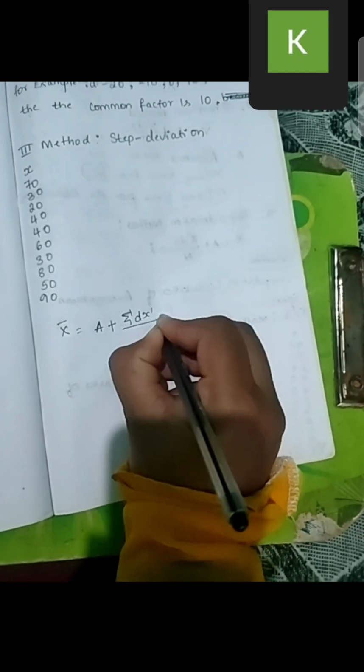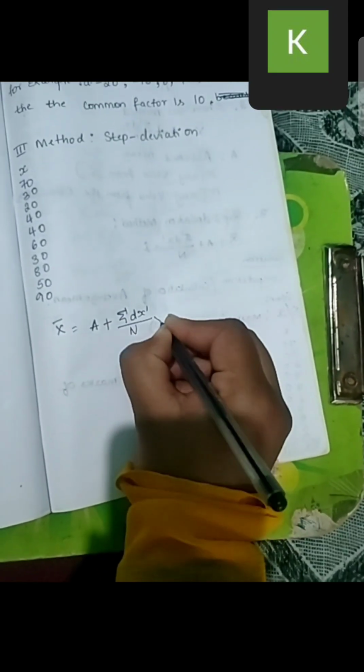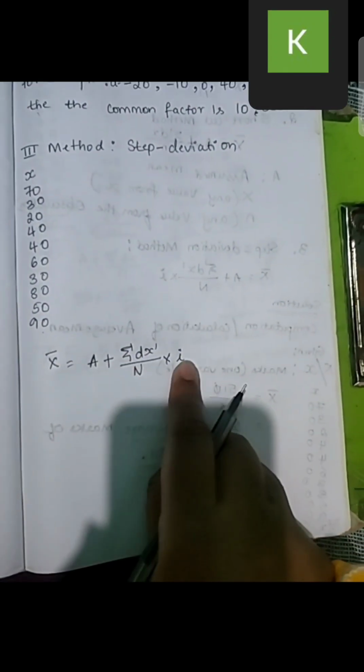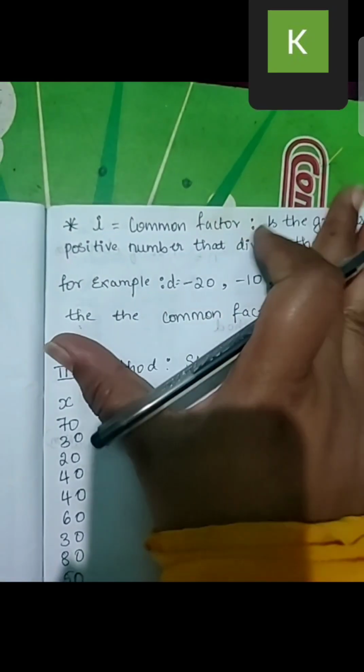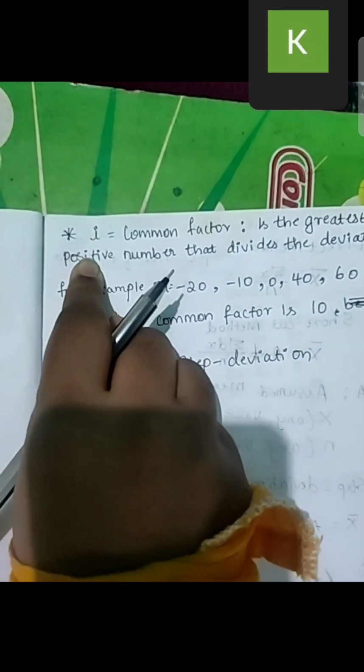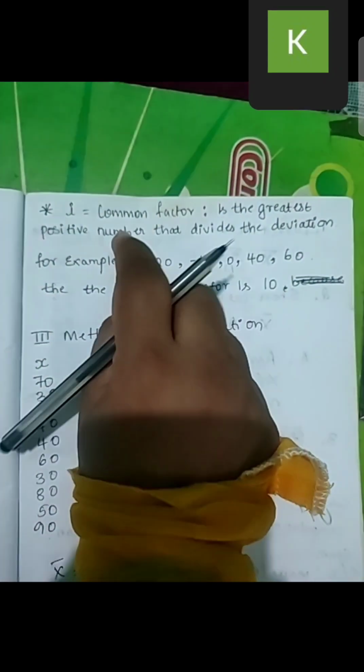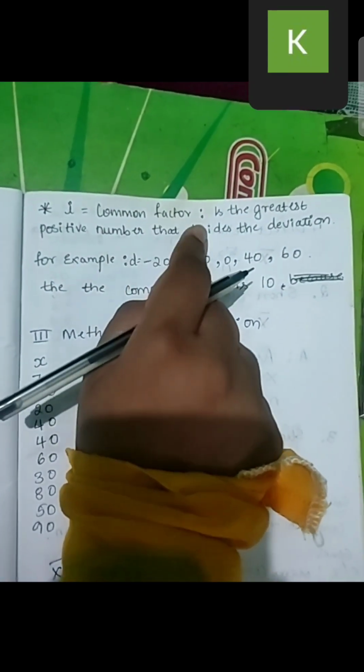Now an extra point is added in the formula, that is I. I is referred to as the common factor. In a few formulas, instead of I they will write C. Both are one and the same.